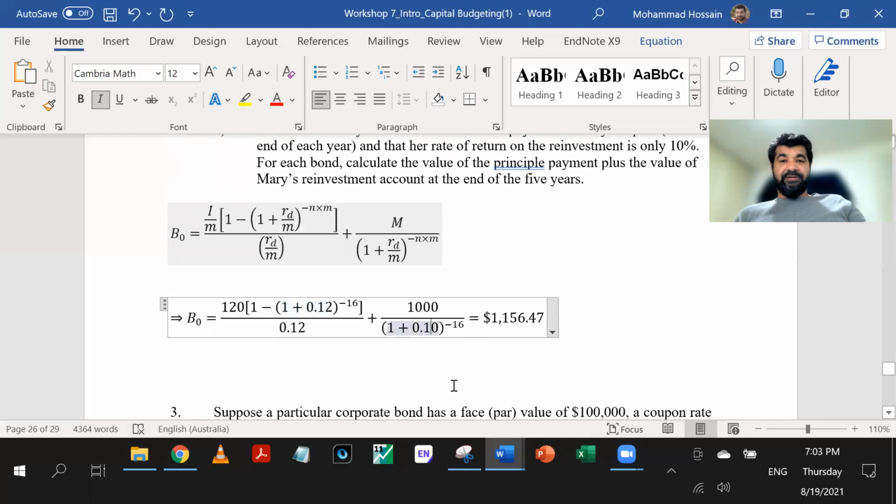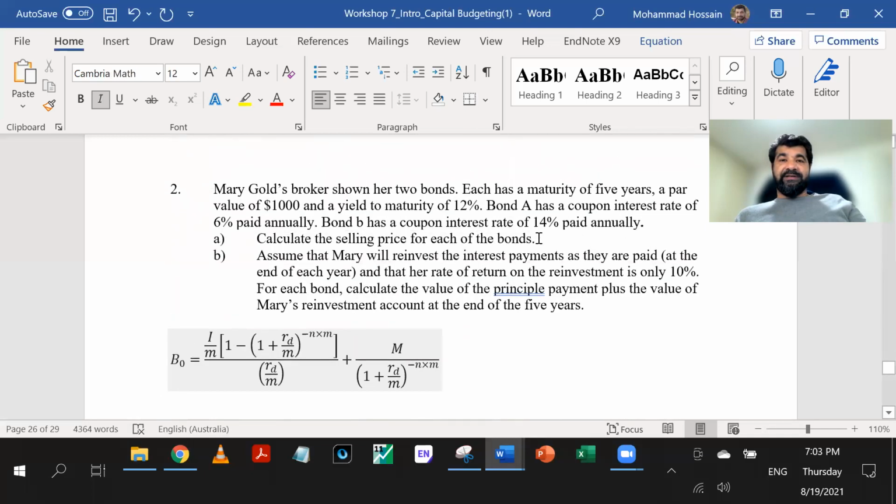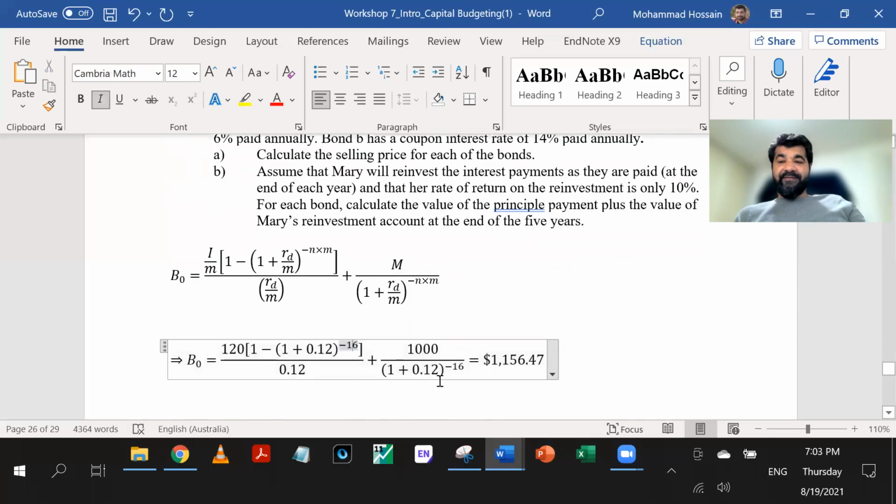Our N is actually 5 years, so our N is 5.